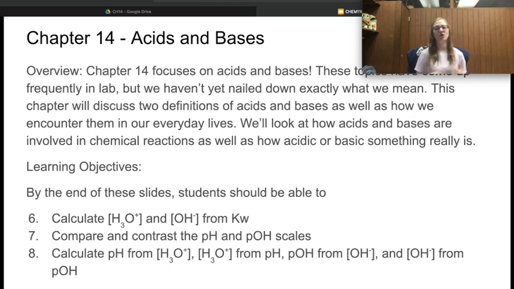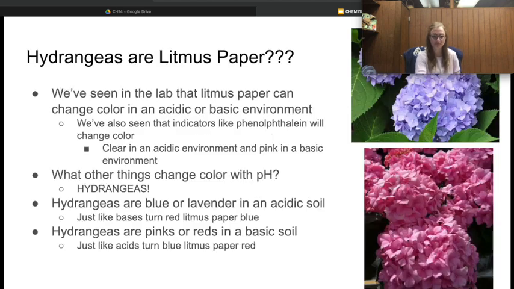And then once we know about those scales, we'll be able to go back and forth between pH, concentration of H3O+, and pOH, or pH, pOH to concentration of OH-, and concentration of OH- to pOH. And then from there are some relationships between pH and pOH that allow us to move between both scales pretty seamlessly. So let's go ahead and get into it.